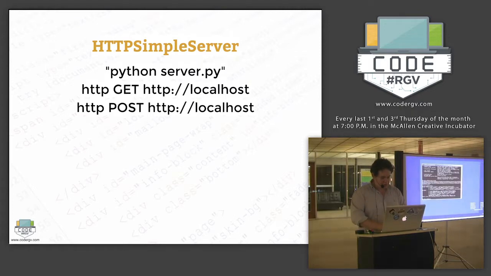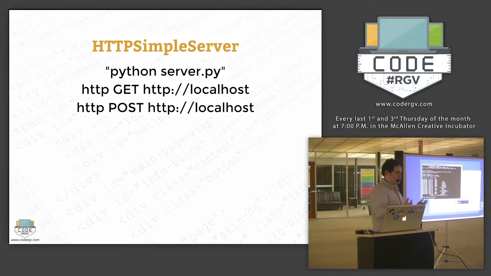I wonder if I have it here actually. Not there. Where am I going to have it? Desktop? Yeah, server, Python, okay. So I have it on my desktop. You guys might have it somewhere else. Go to that location of where it is.